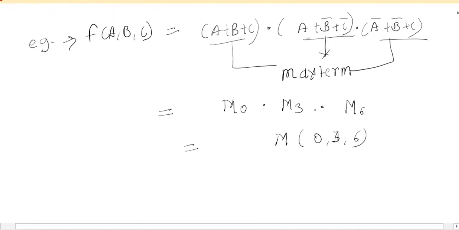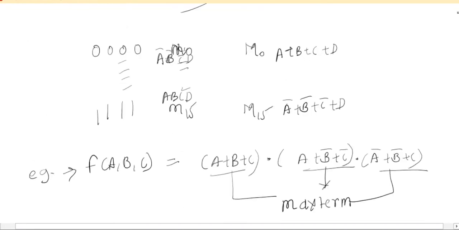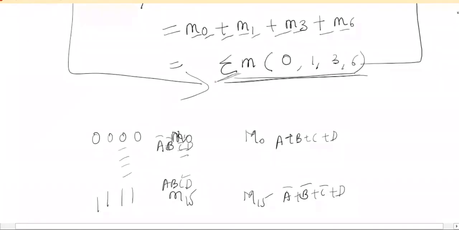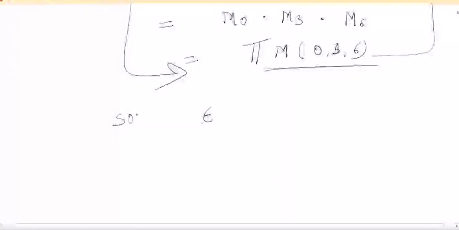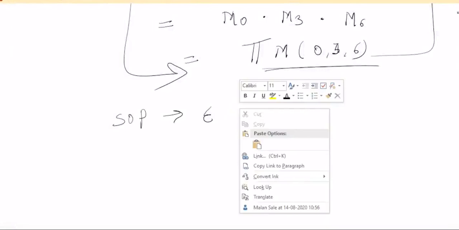Now here you have to perform the product. In an SOP expression, as you have to perform the sum operation, that is addition, you use the summation. Now here you have to perform the product. So to indicate the product operation, the pi symbol is used. Clear? So pi M 0, 3, 6 indicates that the product of the max terms M0, M3 and M6 is representing the Boolean function f of ABC. For SOP expressions, the sum symbol is used.